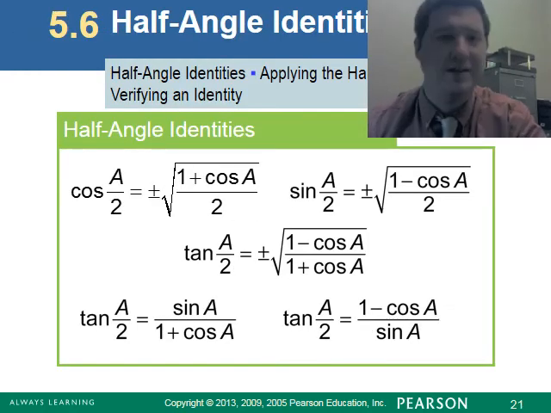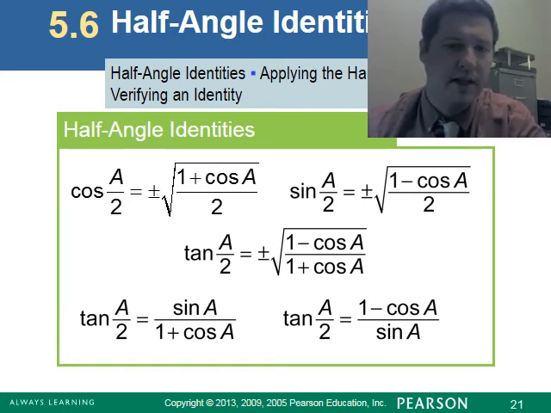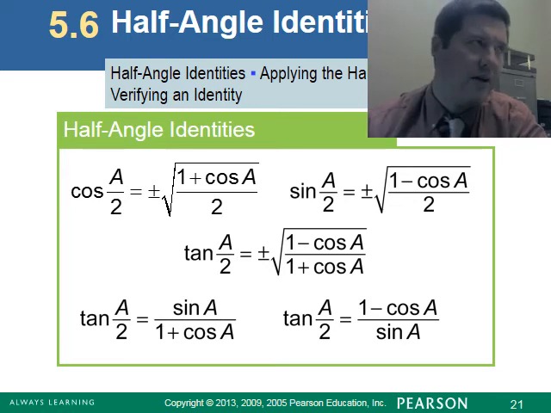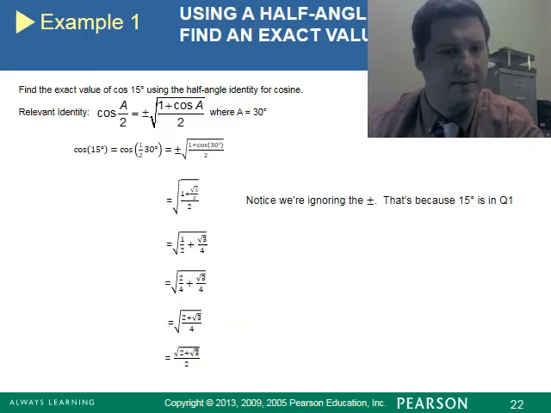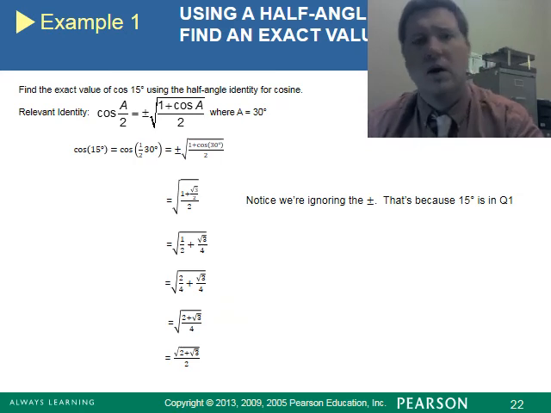And finally, half angle identities. These are actually just the double angle identities that have been solved for one of the half angles. Right? So it's the same formula. It's just been kind of written differently. So an example of this.